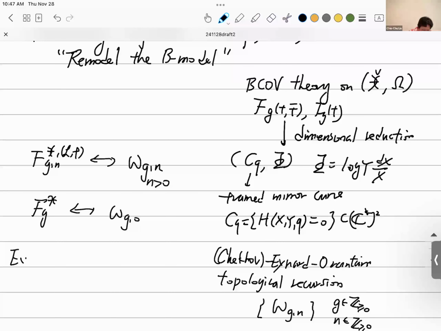They proved it for smooth toric Calabi-Yau threefolds.